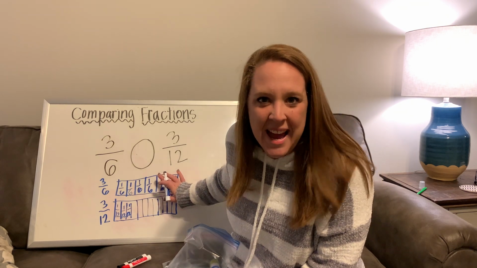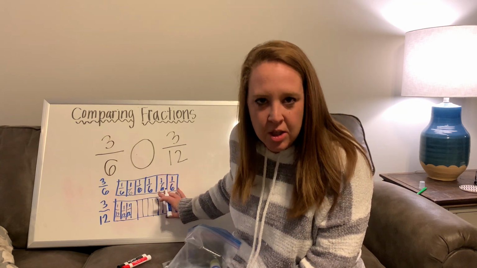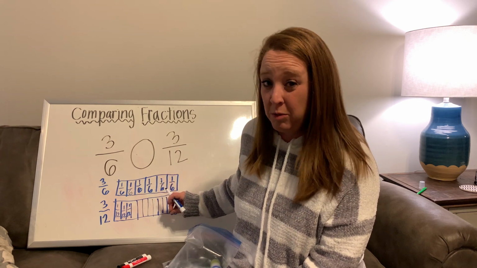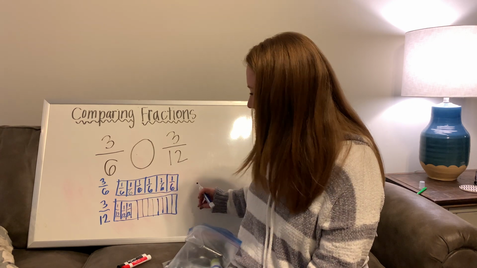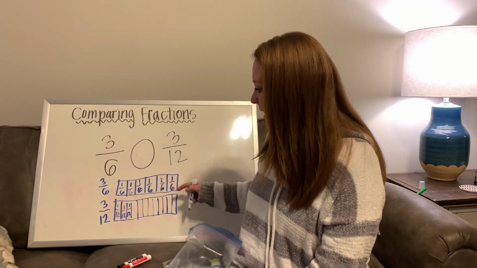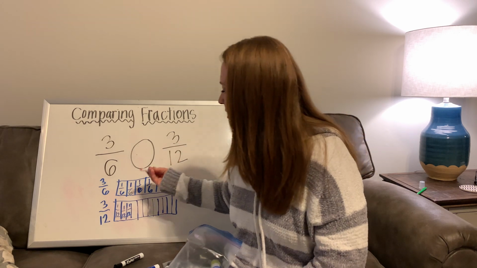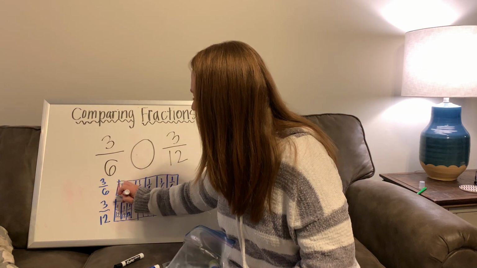I'm just going to look at the size of these fractions. Can you tell just by looking at the size of each piece which one is bigger, 6th or 12th? Let me get another color and color that in. I'm going to color in 3/6 right here.